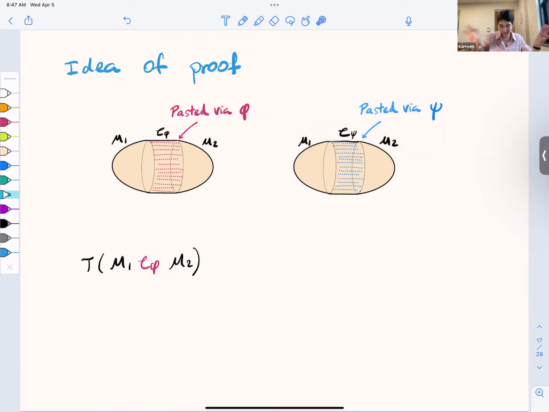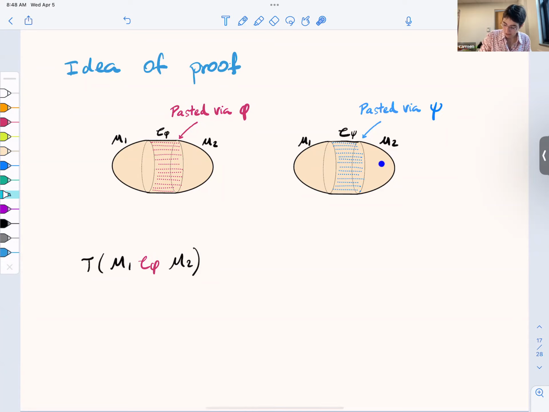This is a slightly thickened gluing so that we have something to work on in the middle. But this is just a mapping cone of my chosen diffeomorphism on this side, which is the phi. So essentially, this is just M1 and M2 glued to each other via phi, with the gluing a little bit thickened.